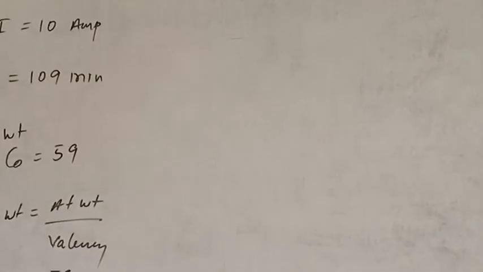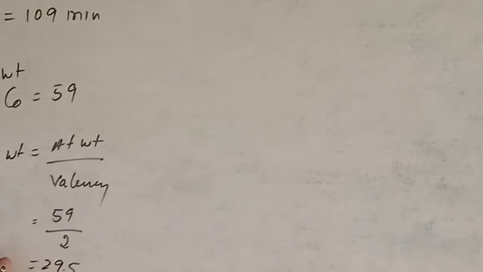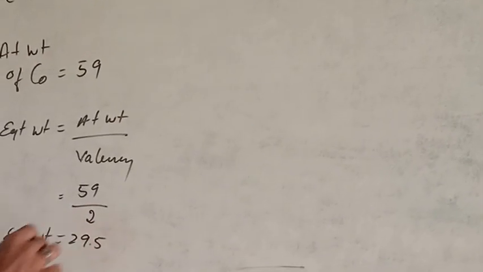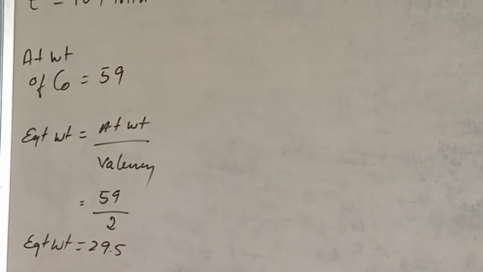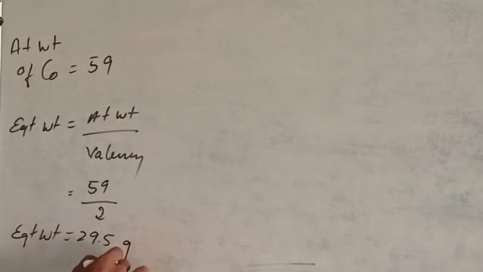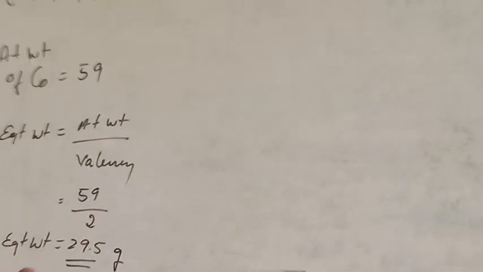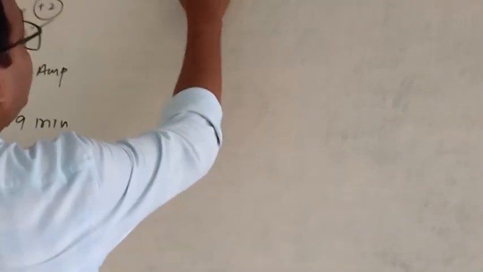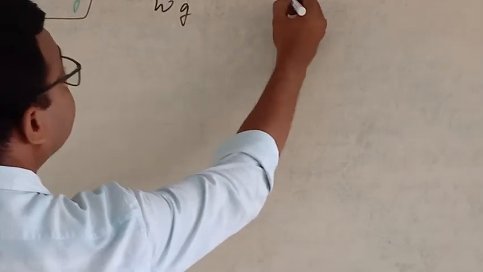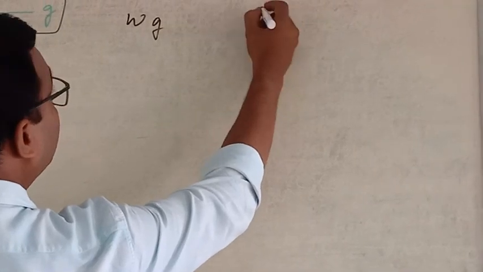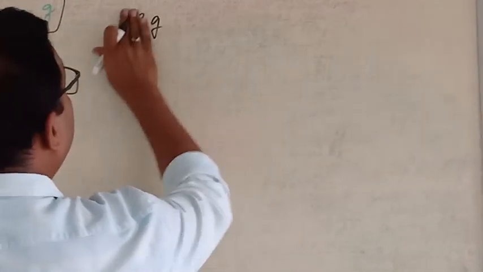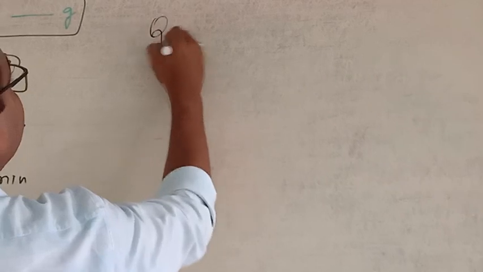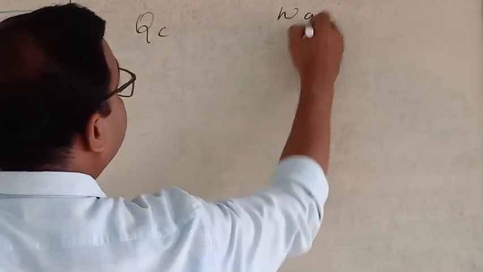Approximately we will get 29.5 equivalent weight. You can also take it in terms of grams. Now we know that the quantity of current W gram.